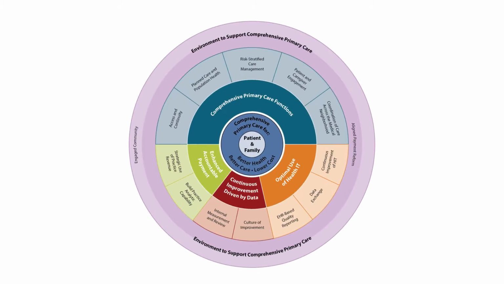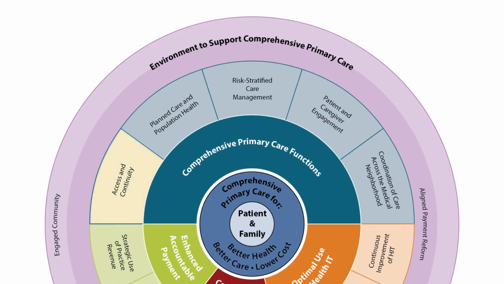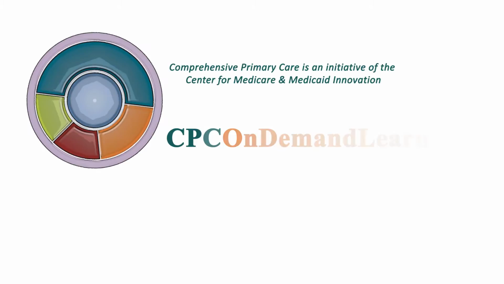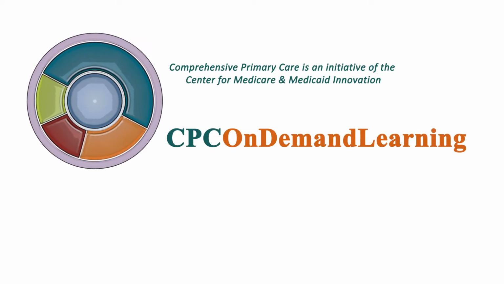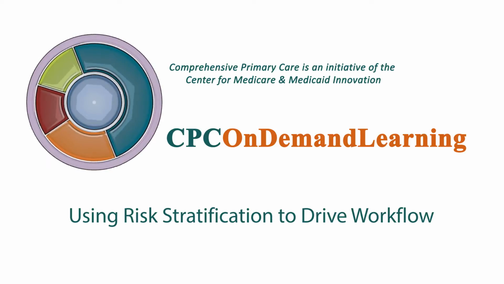The CPC initiative focused on 5 functions of primary care: access and continuity, planned care and population health, risk-stratified care management, patient and caregiver engagement, and coordination of care across the medical neighborhood. This on-demand learning series explores how CPC practices implemented strategies designed to strengthen primary care.